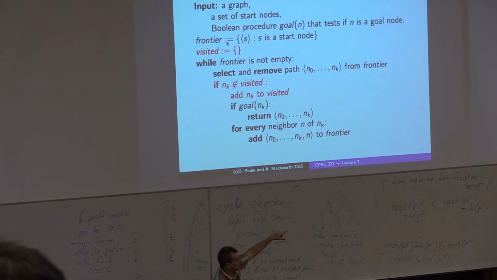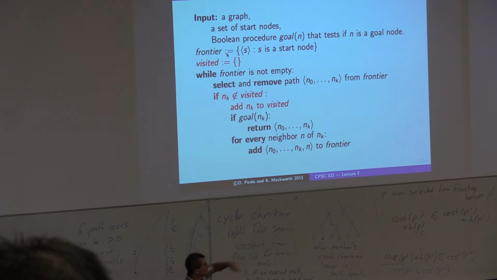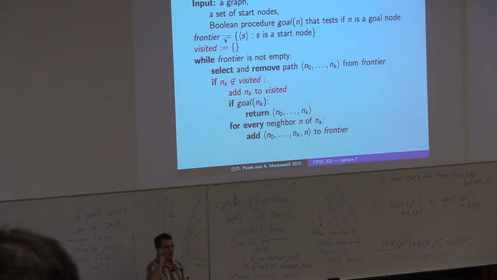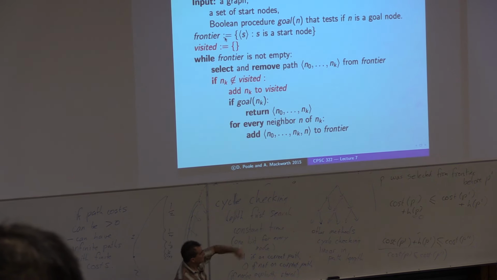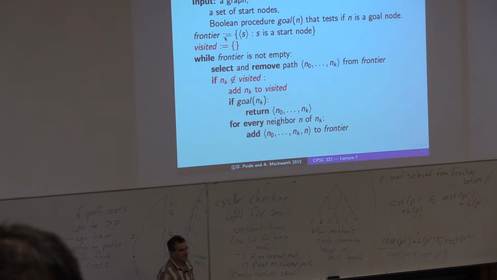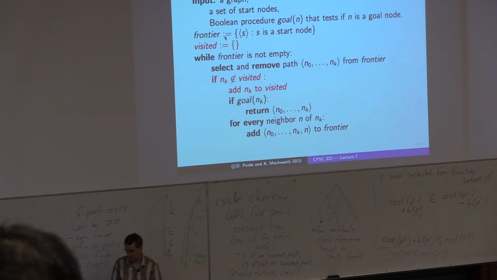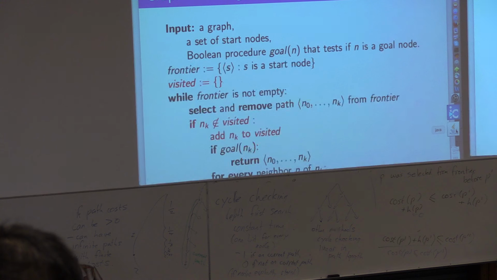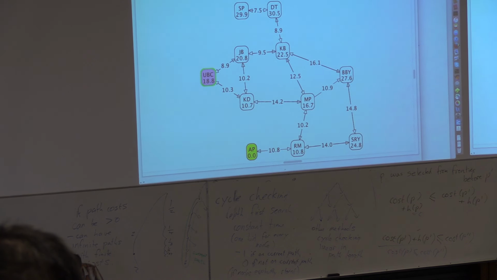So we just have a set of all the nodes we visited, and if the end of the path from the frontier is on the visited list, we're going to throw it away. We've already reached it. And if it's not on the visited list, we're going to add it to the visited list and continue. If we do multiple path pruning, we're going to reset the search.